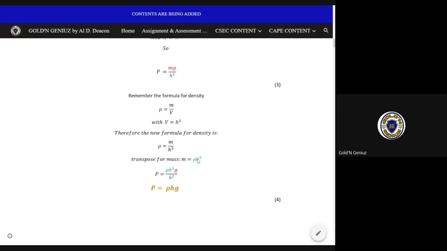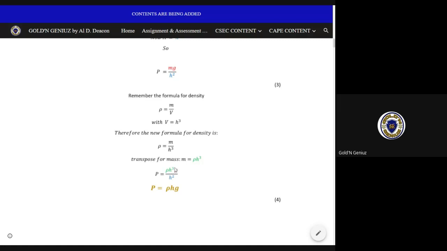So what I do now, I put P is equal to rho H cube times V. So M right here is rho, density, times volume. That's what this funny looking P and the H mean.